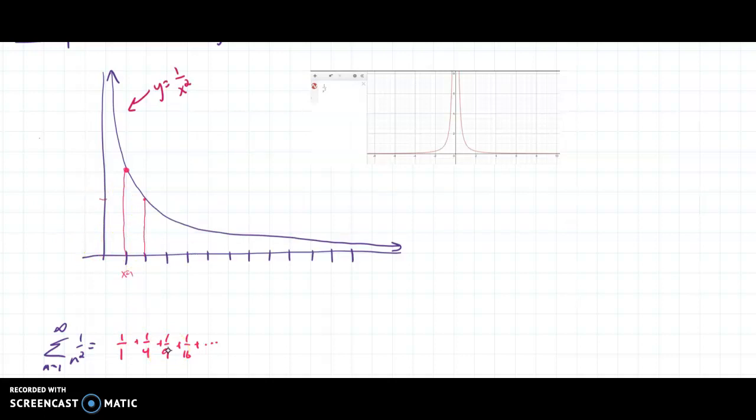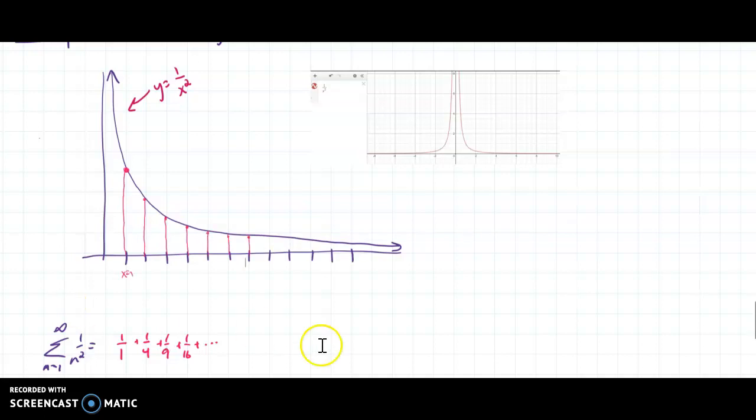So you could see the scale. Like this would be 1/4, this would be 1. You can see it's not linear, right? So I'm just going to get rid of those. All right, and then the 1/9 would be this height. And the 1/16 would be this height. And the next one would be this height. The next one would be this height, and so on.